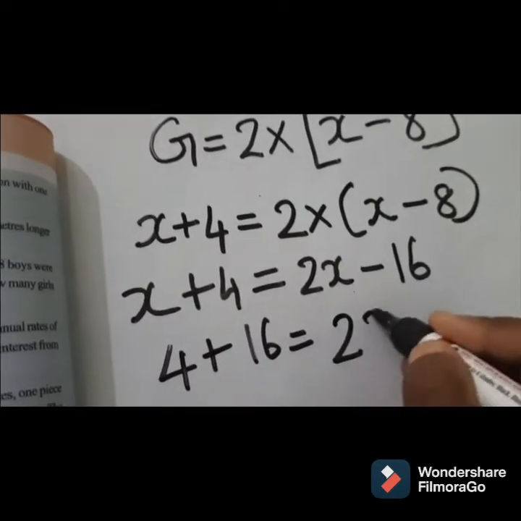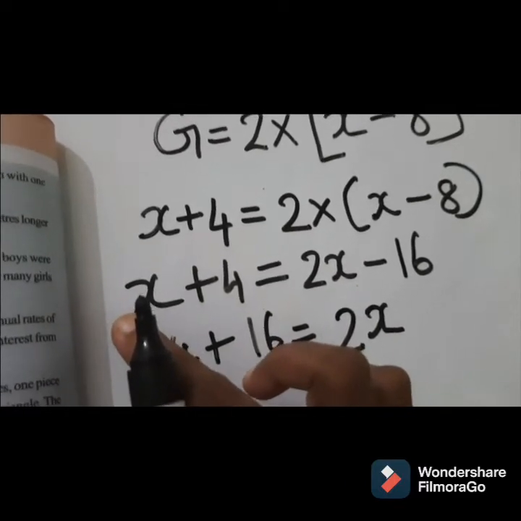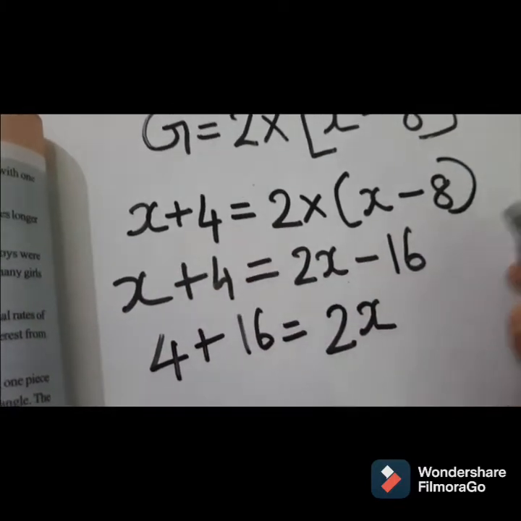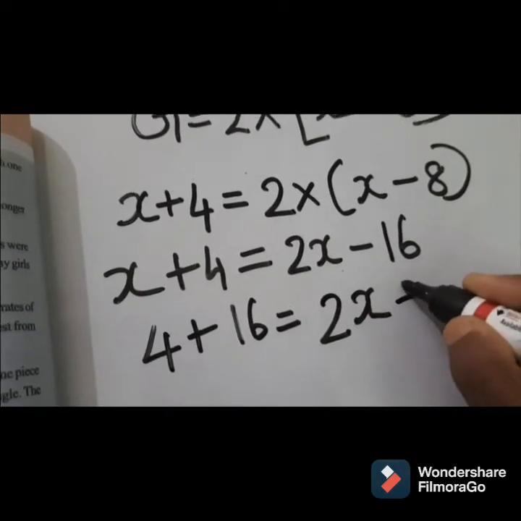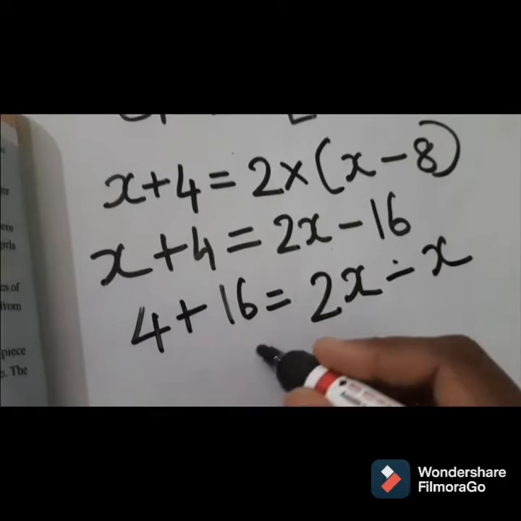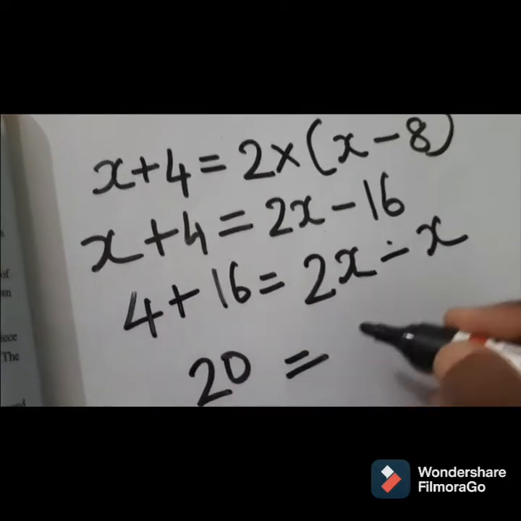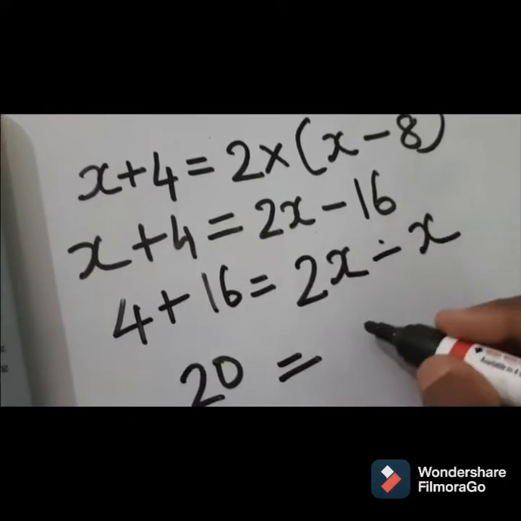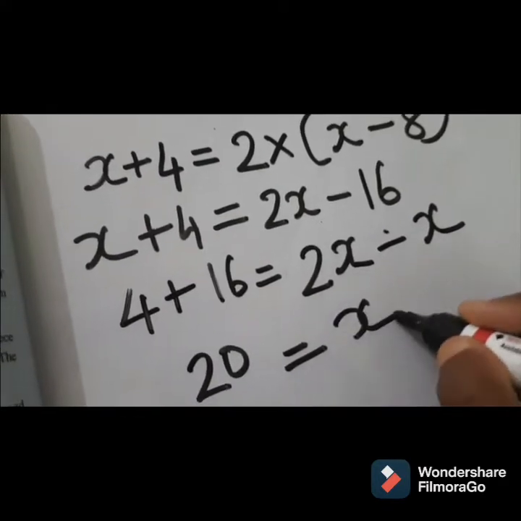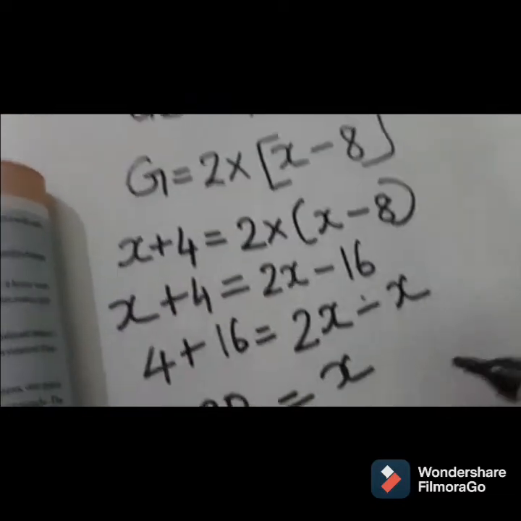Here x is addition, so this side it will come subtraction. Now we will get 4 plus 16, 20, that is equal to 2x minus x, that is x. That is, what is the number of boys?